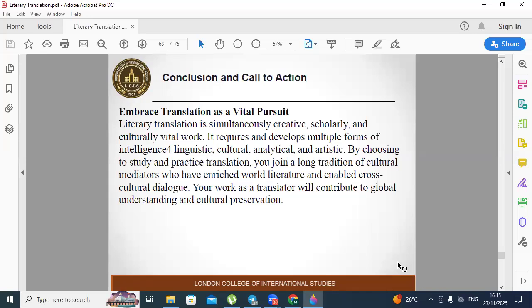By choosing to study and practice translation, you join a long tradition of cultural mediators who have enriched world literature and enabled cross-cultural dialogue. Your work as a translator will contribute to global understanding and cultural preservation.